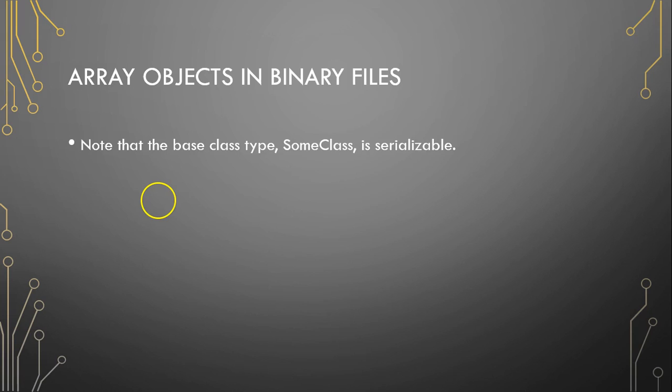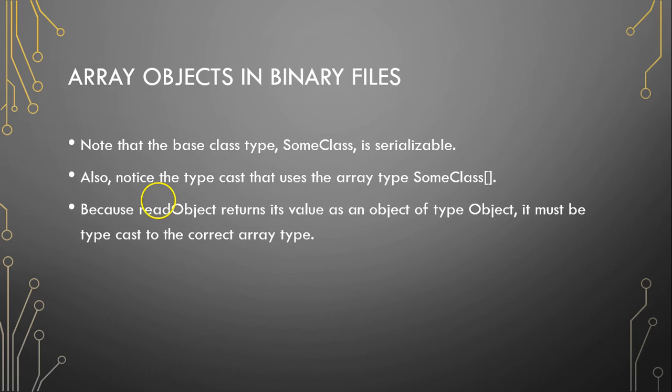One thing we do want to note is that the base type SomeClass is still serializable. And that is important here because if it's not serializable, it could make our life difficult. You also notice that the typecast will use the array type SomeClass. Because readObject returns its value as an object of type Object, it must be typecast to the object type.